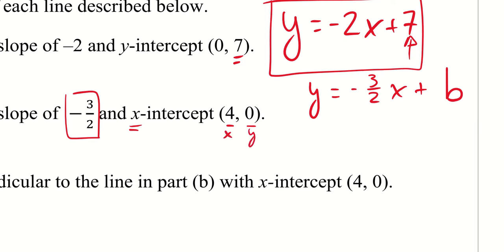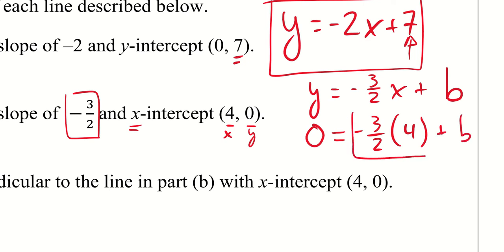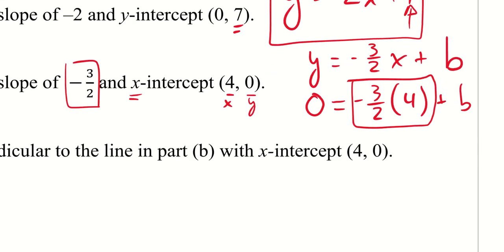I'm given that y is 0, so I'll write 0 equals negative 3 halves times x, and x was 4, and then plus b. If I simplify this expression, negative 3 times 4 is 12, and half of that is negative 6. So this equation becomes 0 equals negative 6 plus b.